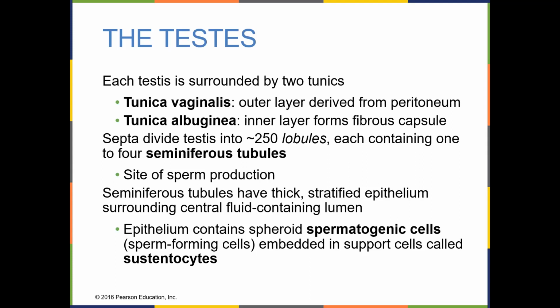Now, the layers of the seminiferous tubules determine the rate of sperm production. There are epithelial cells that line the inside of the seminiferous tubules. They are called spermatogenic cells.